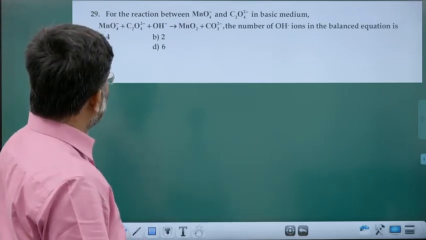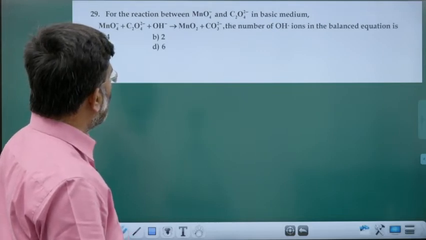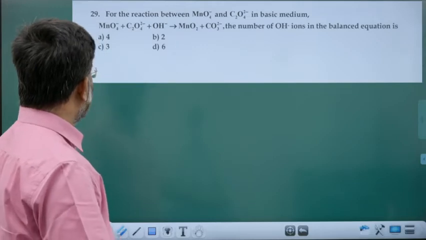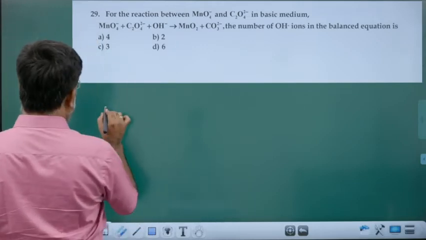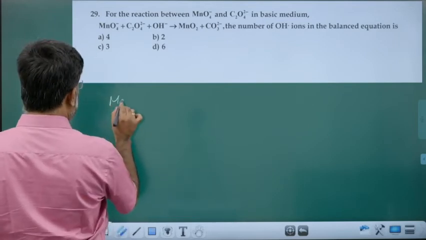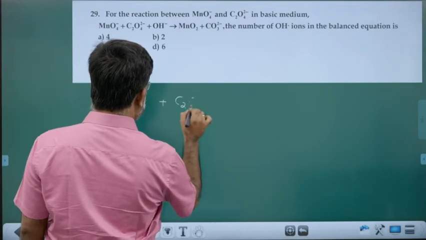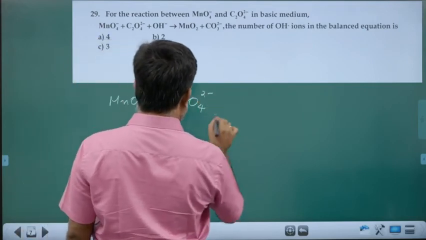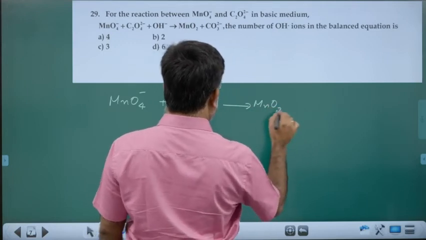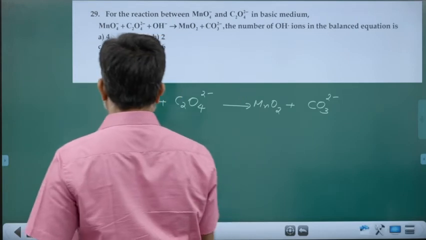For the reaction between permanganate and oxalate in basic medium, the number of OH minus ions in the balanced equation is? We will work out once again. MnO4 minus with C2O4 2 minus gives MnO2 plus CO3 2 minus.